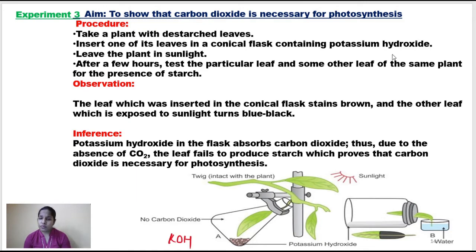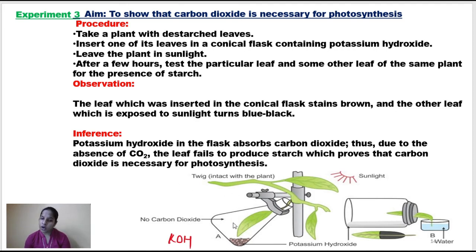After putting a part of the leaf inside the flask and closing it with a cork, and exposing the whole setup to sunlight for a few hours, we'll observe that the part of the leaf which was inside the KOH shows no change on addition of iodine.